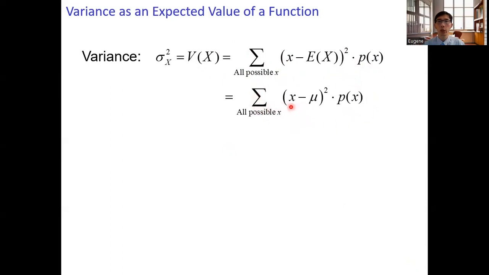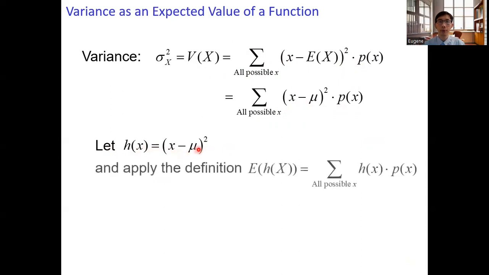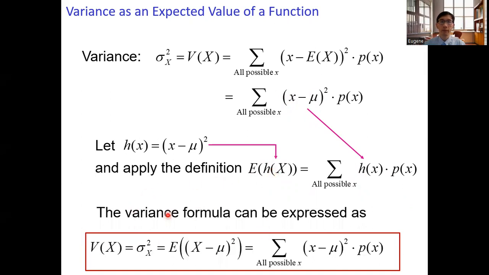The summation of the square of X minus mu times P of X. Let h of X equals X minus mu squared and apply the definition of E of h of X. So here we have h of X equals the square of X minus mu. And then we have the variance formula. The variance formula can be expressed as the expected value of X minus mu squared.